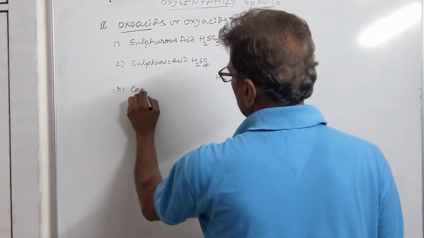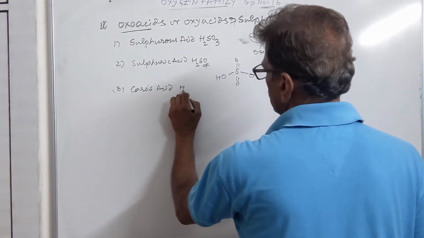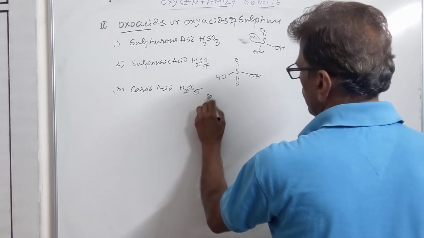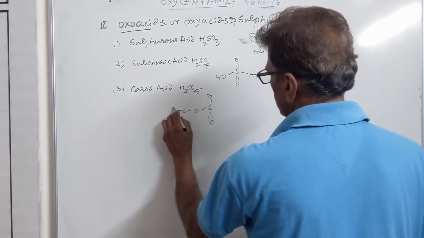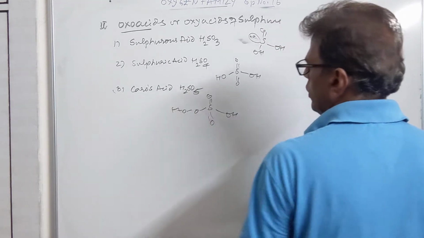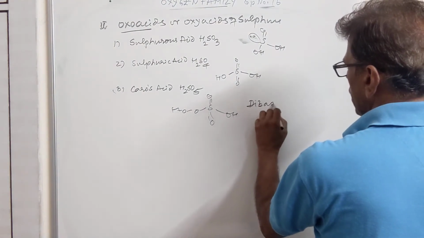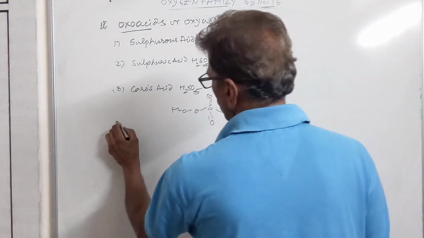Then we have Caro's acid. This is H2SO5. These are dibasic acids because they are capable of releasing two protons.